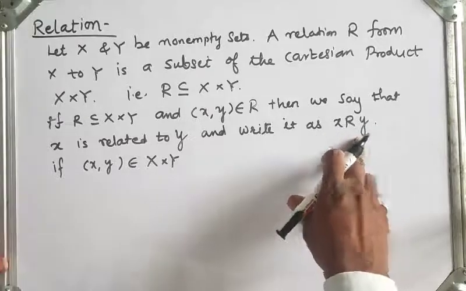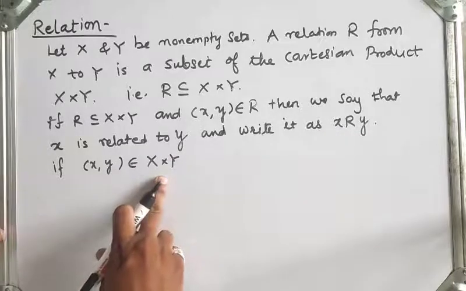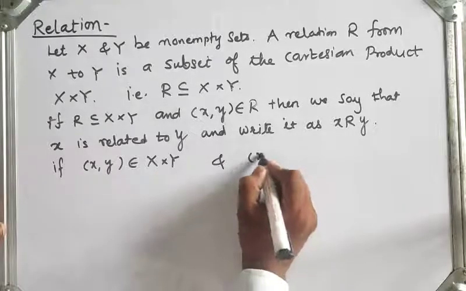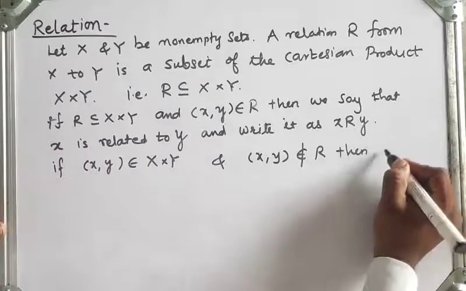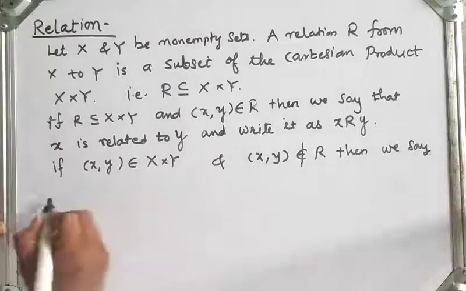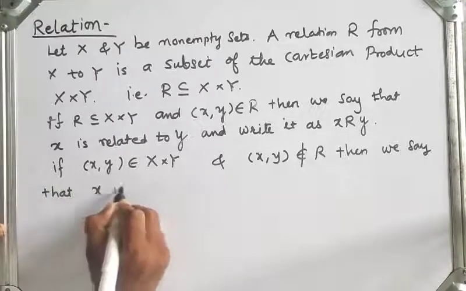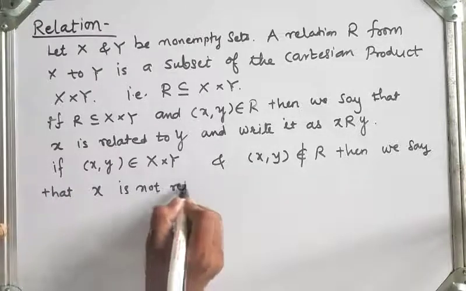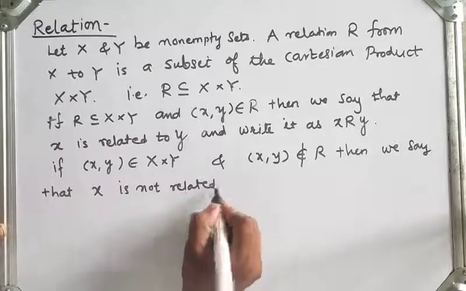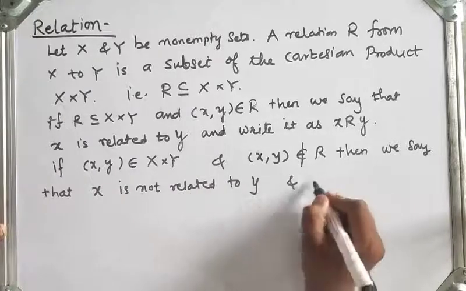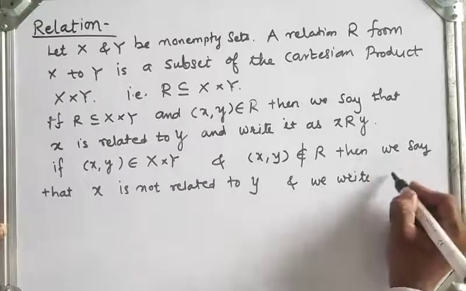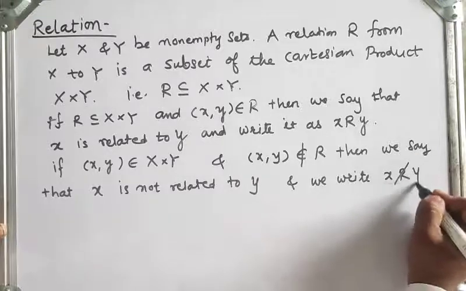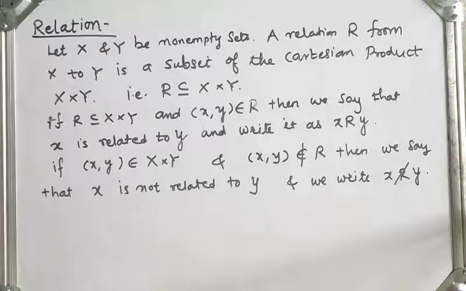Now, if the ordered pair (x, y) belongs to X cross Y but does not belong to R, then we say that x is not related to y, and we write it with this symbol.